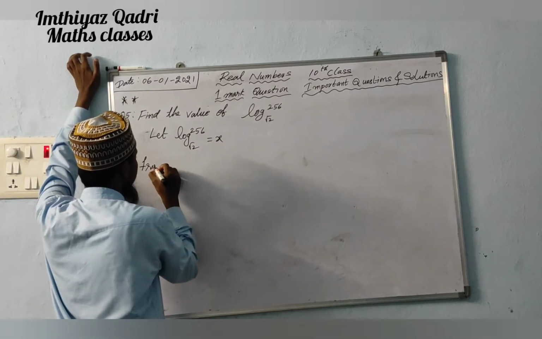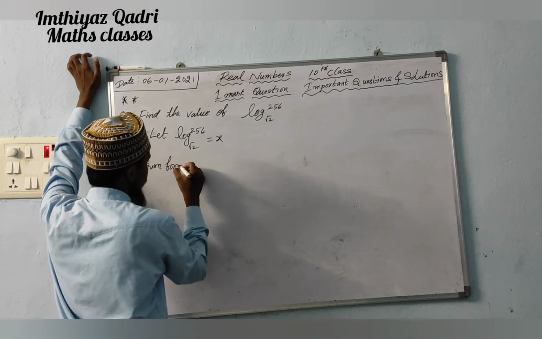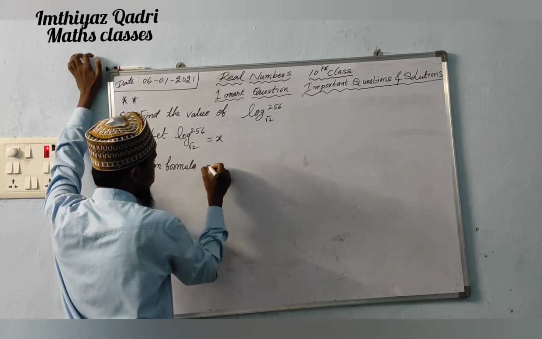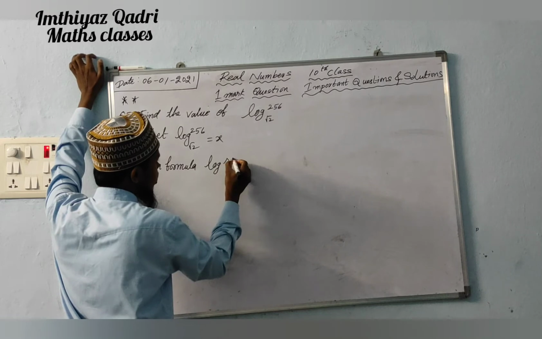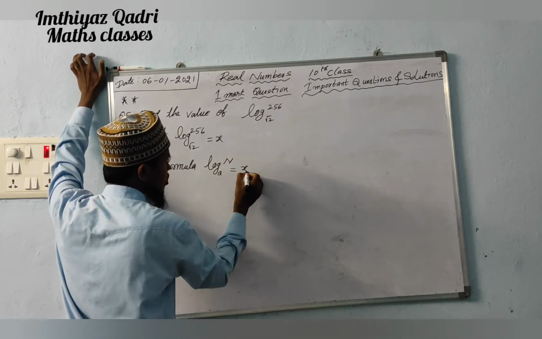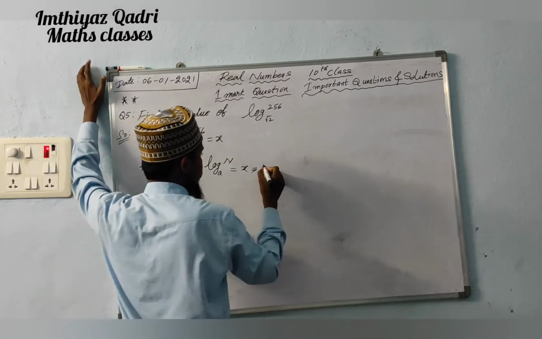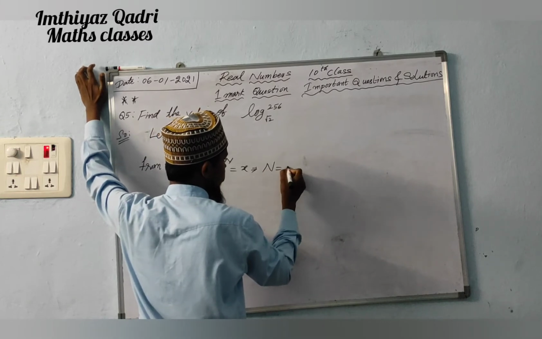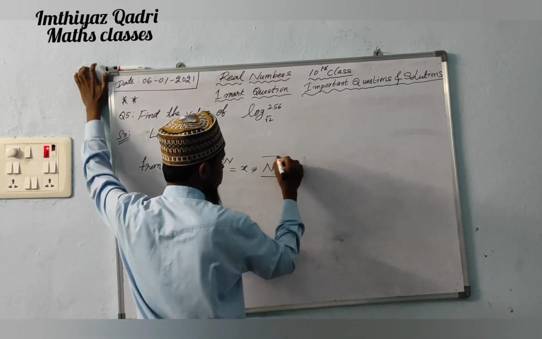From formula, log of n base a is equals to x. That implies n is equals to a power x. This is the formula.